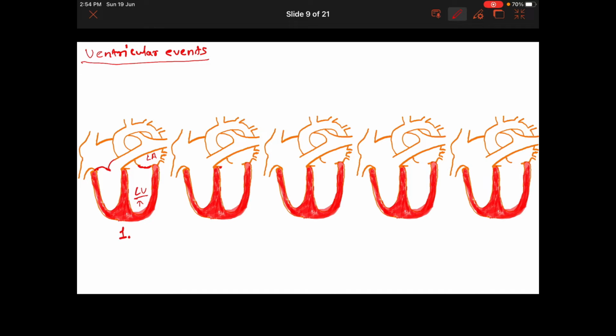We will basically see the left side. The same events are happening on the right side also, that is the right atrium and right ventricle. Same events are occurring on the right side, but for our convenience, we will see the left side.